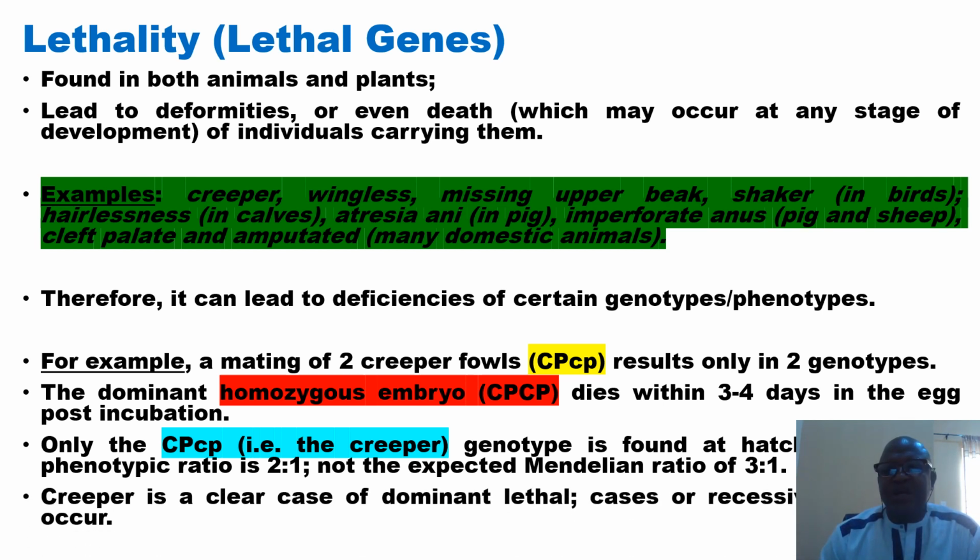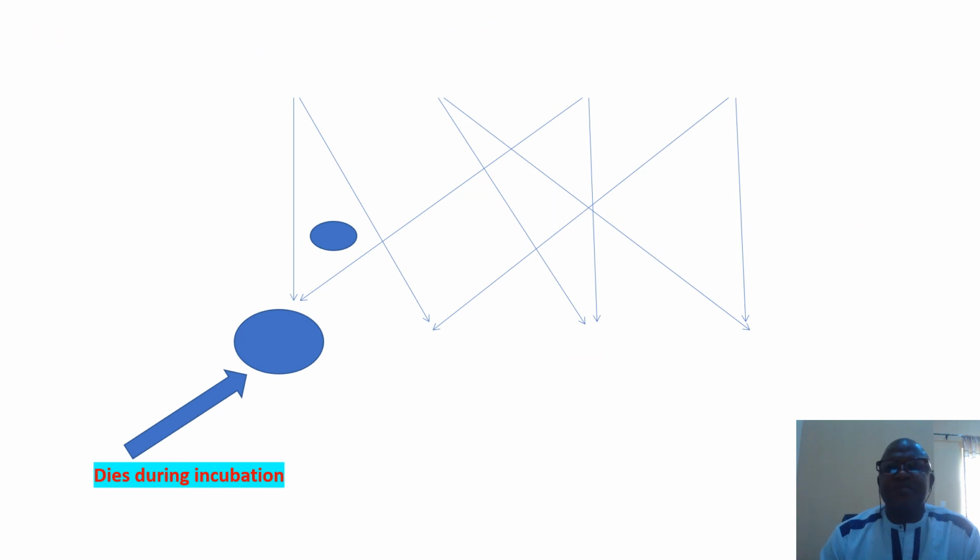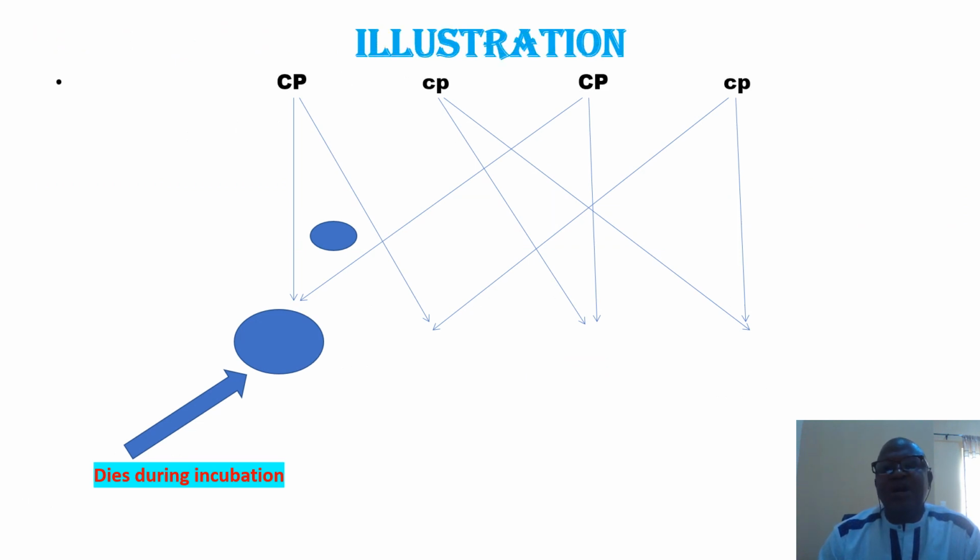So this creeper is a case of a dominant lethal, that is, the effect of the lethal gene is felt when it is in the dominant state. There are also situations where the effects are felt when they are in the recessive state. So we want to show an illustration. These are two creeper fowls.